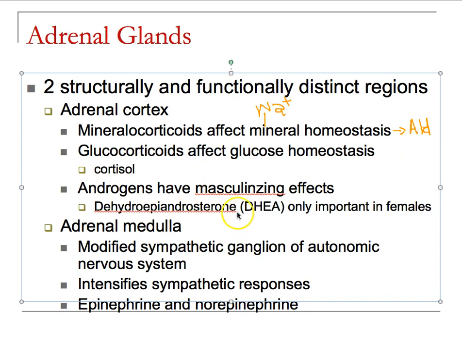The adrenal medulla, if we remember that from AMP1, is going to intensify sympathetic responses. The preganglionic neuron activates the chromaffin cells to release epinephrine and norepinephrine. So let's change colors here.